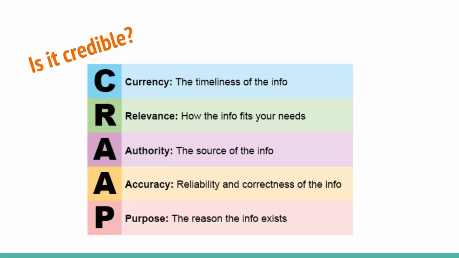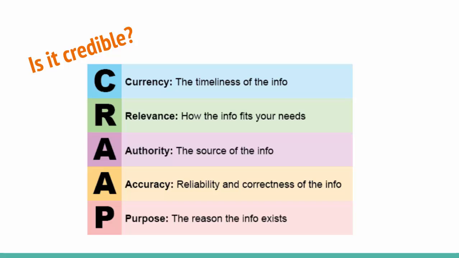The first A means authority. Think about the source. When you have good information, you become an authority based on experience and education. So just because somebody really likes a game, or just because somebody is a fan of football, does not give them authority. Next, is it accurate?